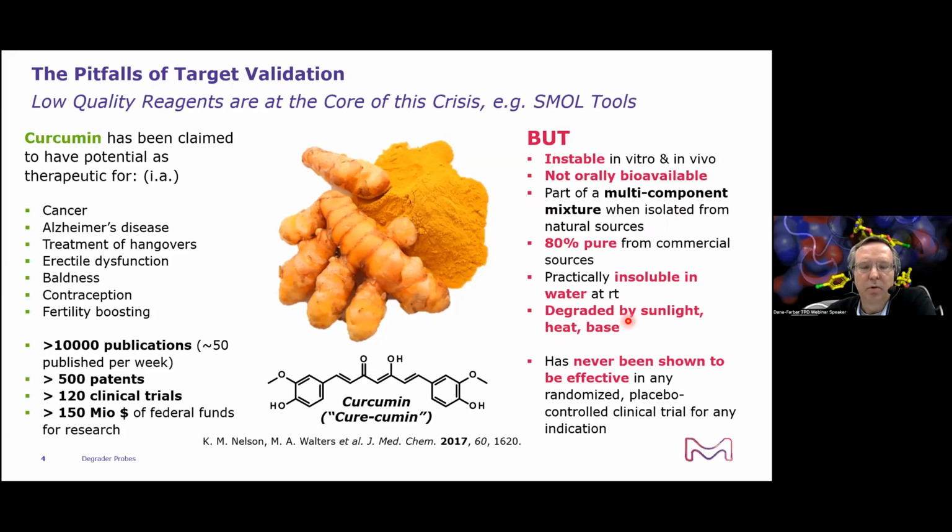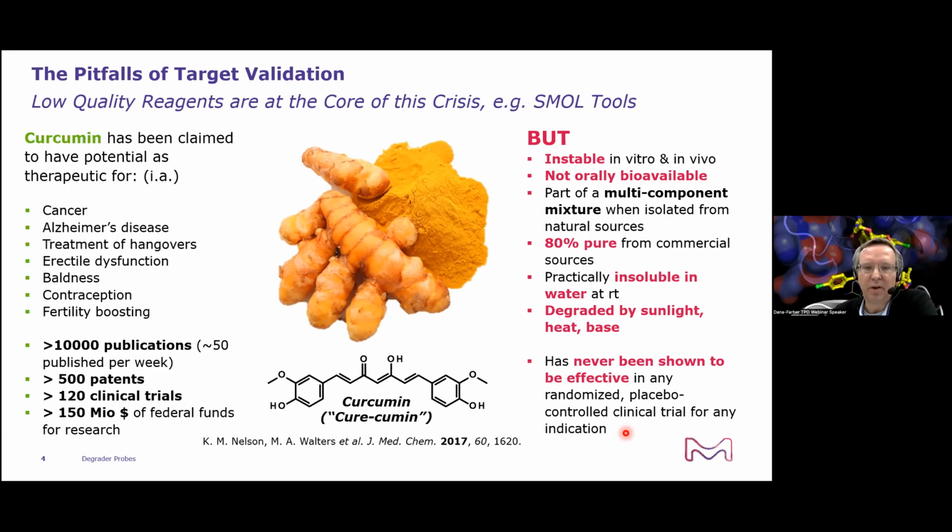You don't have to worry too much about this drug becoming wet because it's essentially not soluble in water, which already raises the question what we are actually looking at. In a nutshell, there have never been placebo-controlled or blinded relevant clinical studies showing any benefit of this compound.